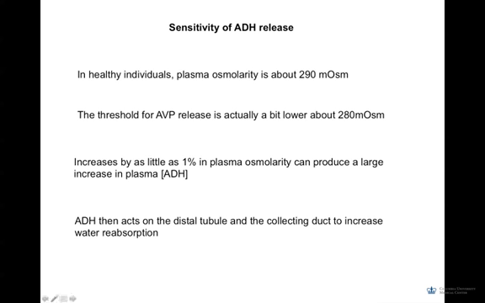Any increase in plasma osmolarity, right, as little as 1%, produces an increase in ADH. So you have to have an osmolarity of at least 280 to release ADH, and then any increase beyond that produces more ADH.